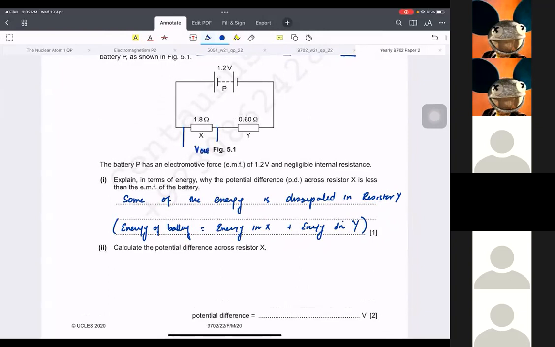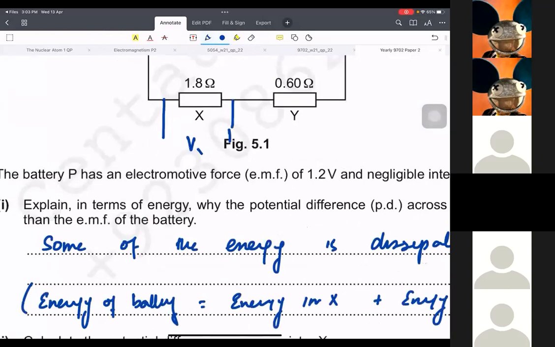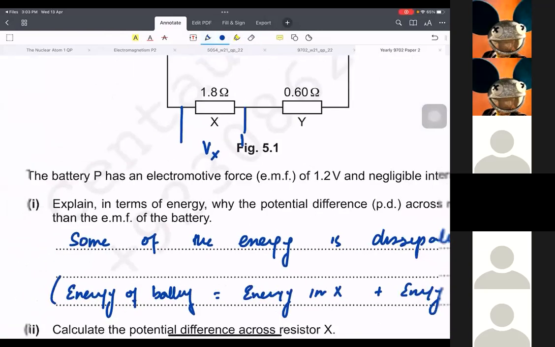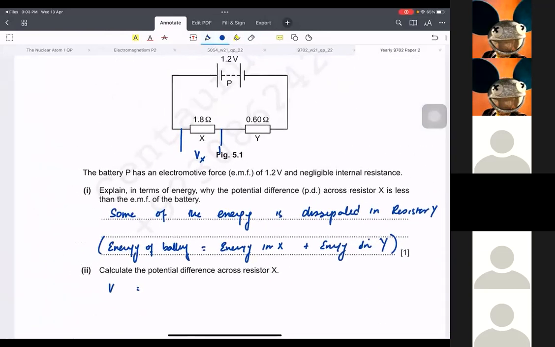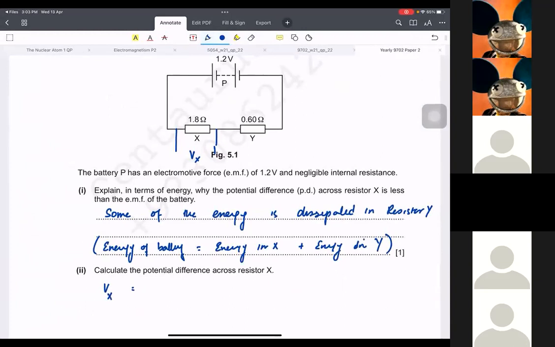Let's call this Vx, so we don't get confused. Whichever voltage you find in a series combination, you write Vx, then you put the resistance against it on top, then you add all the resistances, and then you multiply with the EMF.